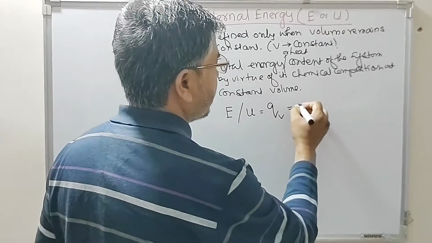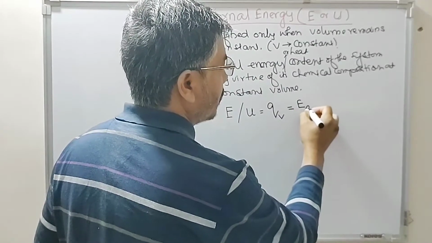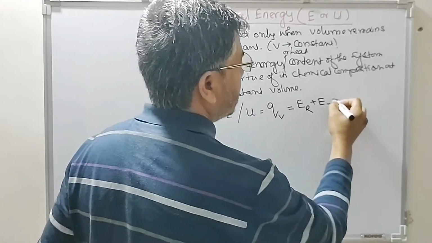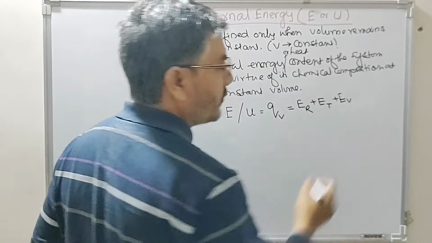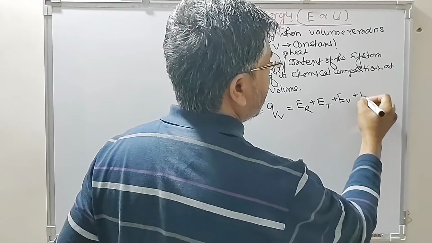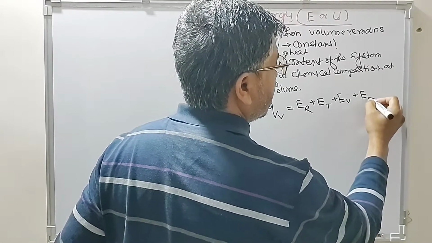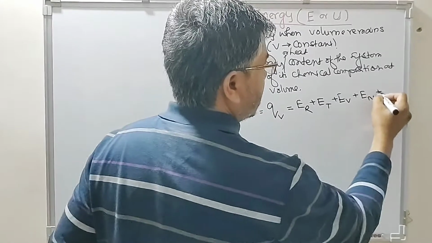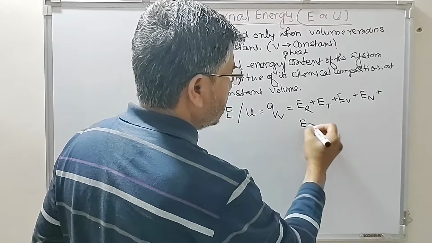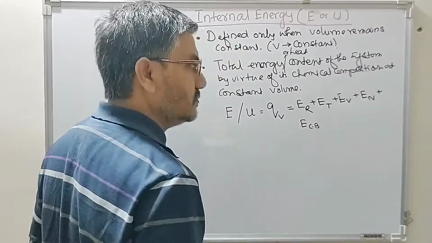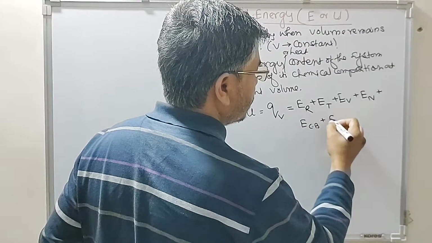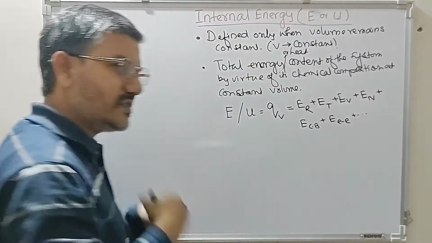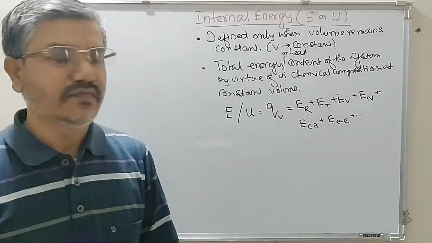So we have looked at this. Energy due to rotational motion, energy due to translational motion, energy due to vibrational motion, energy due to nuclear motion, energy due to chemical bond, energy due to electron-electron repulsion, etc. All such energies that we can count.